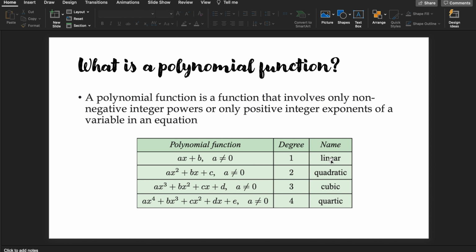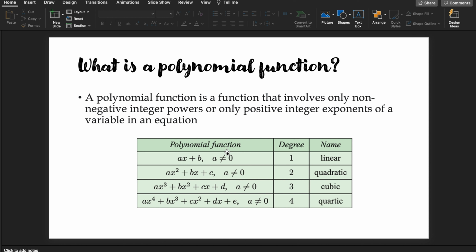So the first one is linear, meaning the highest degree or the highest power of any variable is 1. In this example, it is ax plus b, which is a linear function, because the highest degree of the exponent is 1. So therefore it's a linear function, where a and b are constants and a is not equal to 0.